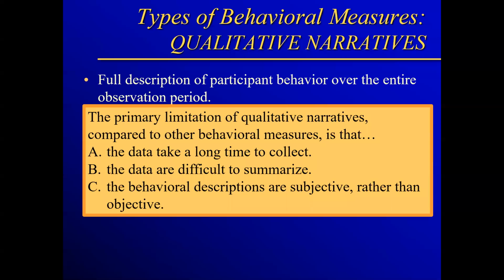The data is difficult to summarize because you're just writing down what you see. So you're going to then have to go later and figure out, okay, well, what exactly did you see? What am I measuring? You have to go back and look at all these notes that you took. And then finally, the behavioral descriptions may be subjective rather than objective.